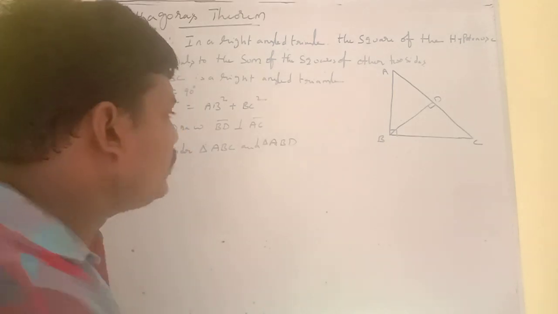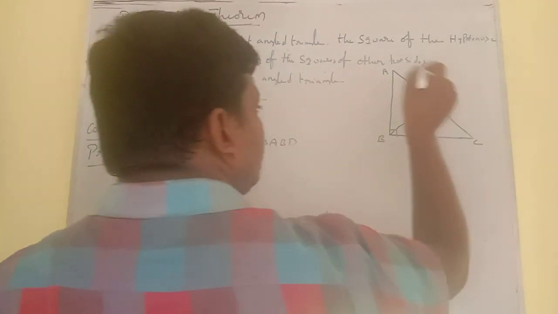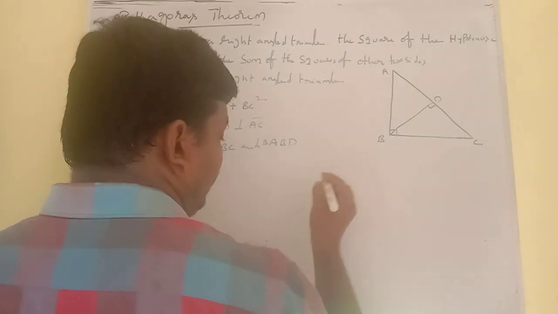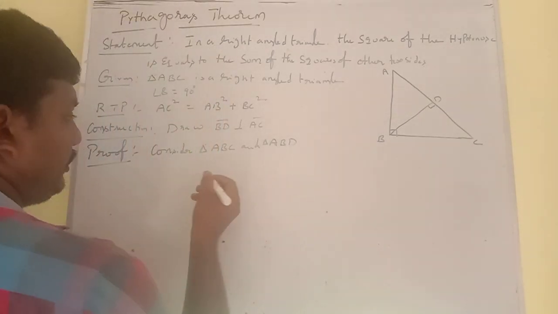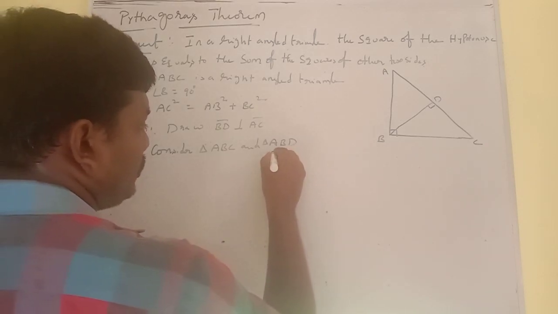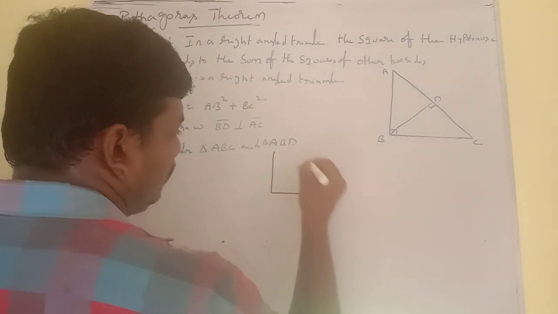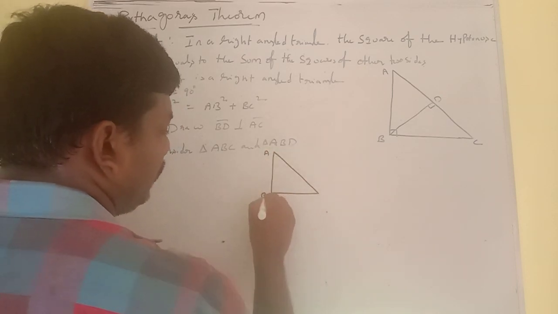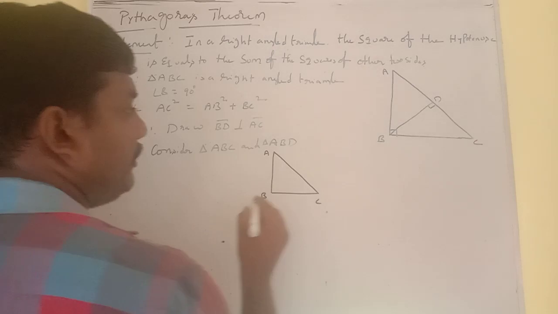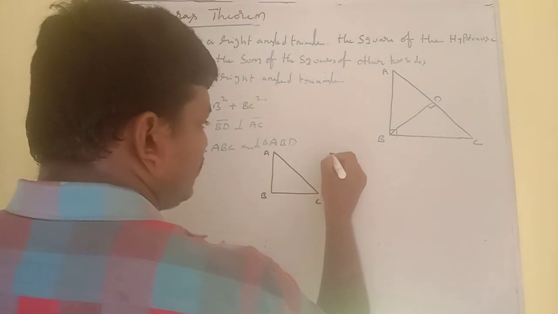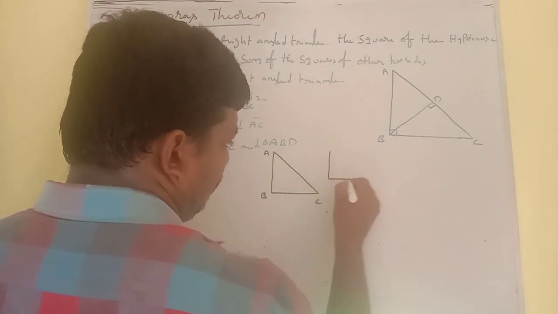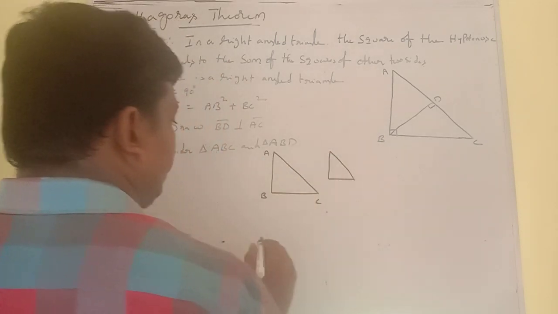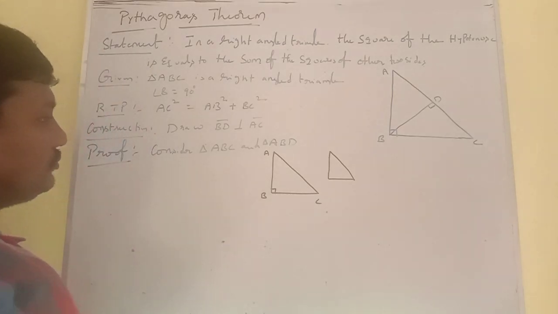For our better convenience, I am going to draw them separately. One is triangle ABC, and another one is triangle ABD. Both are right angle triangles. This is triangle ABC now.